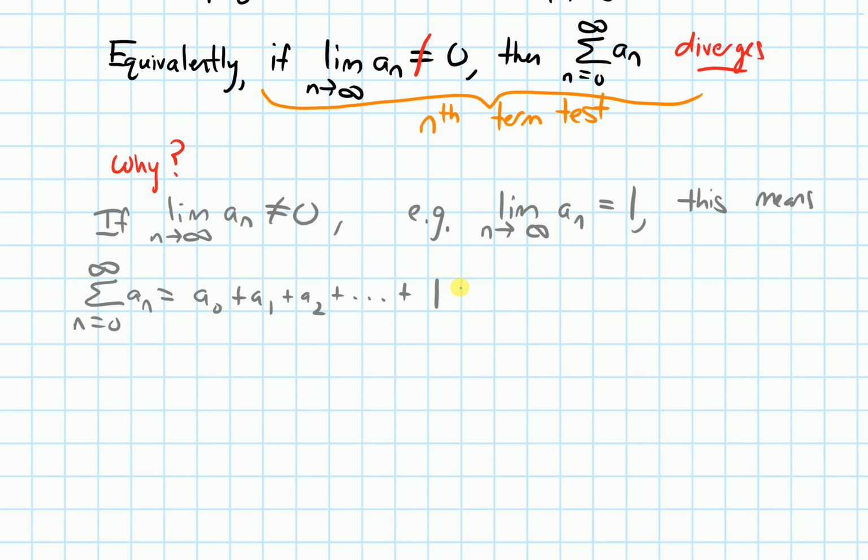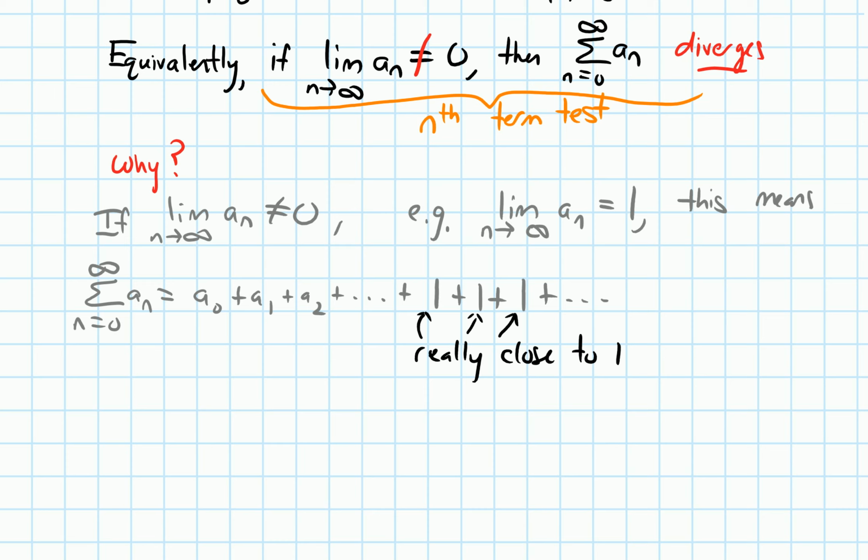So I'm just going to write plus 1, plus 1, plus 1, and then plus dot dot dot. It keeps going like that forever. When I write these ones, I just mean that these are really close to 1. They don't have to exactly be 1, but I know the limit of a sub n is going to be 1, so eventually the terms get really, really close to 1.